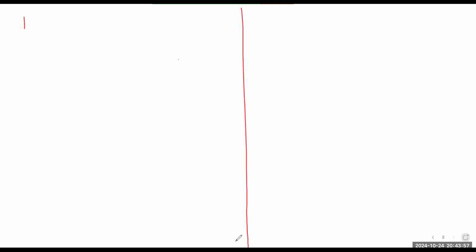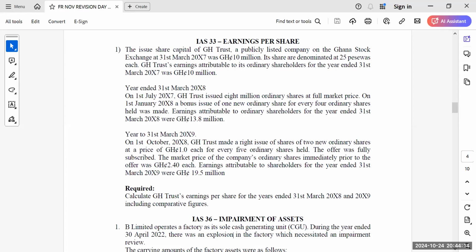So we have our weighted average number of shares. At the beginning of the year, we have 40 million shares in issue, isn't it? So we are going to be looking at the date. At the beginning of this year, the shares that were there in 2x8 will be the same shares that will be in issue from the beginning of the 2x8 year.